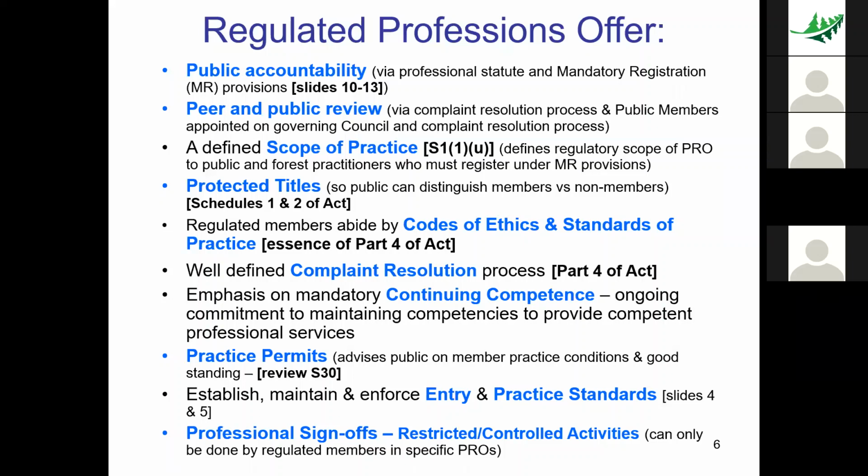Protected titles are there so that the public can distinguish between members and non-members. Those are all outlined in Schedule 1 and 2 of the current Act, the Regulated Forestry Profession Act. So these are all signals of how we're trying to protect the public interest, so that they can distinguish who we are and how we differ from non-regulated members.